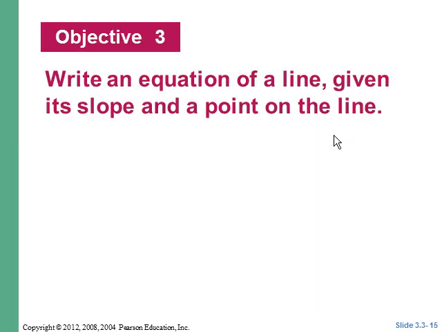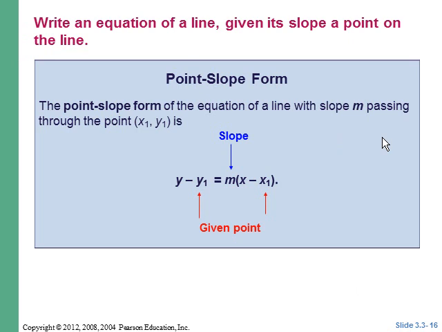Now, if you have an equation, we want to write an equation given its slope and a point on the line. They say to take the y and put it in here, the x and put it in here.